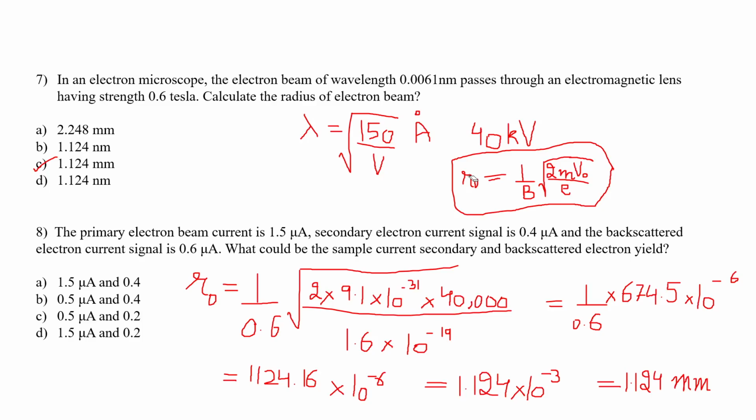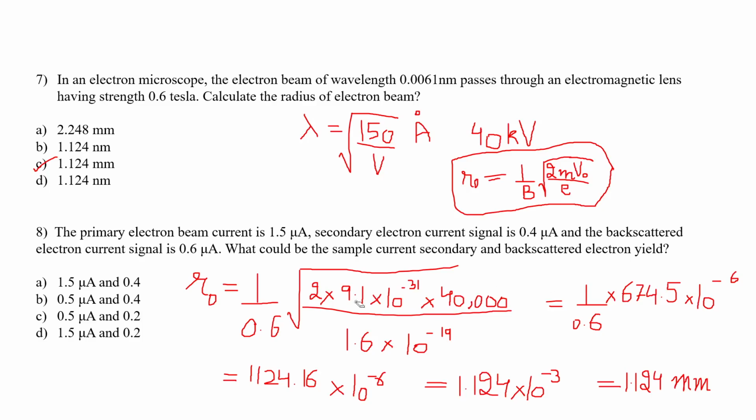So we just need to put all these values: 1 divided by 0.6 into under root of 2 into 9.1 into 10 raised to power minus 31 into voltage 40,000 divided by charge of electron, 1.6 into 10 raised to power minus 19.